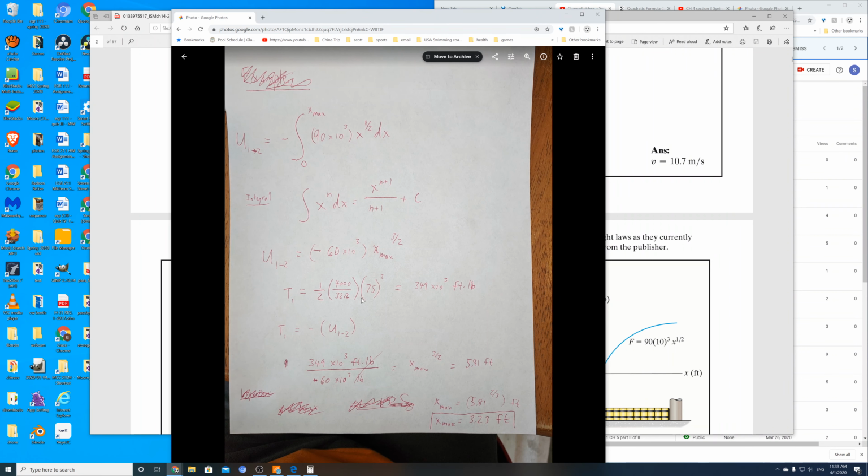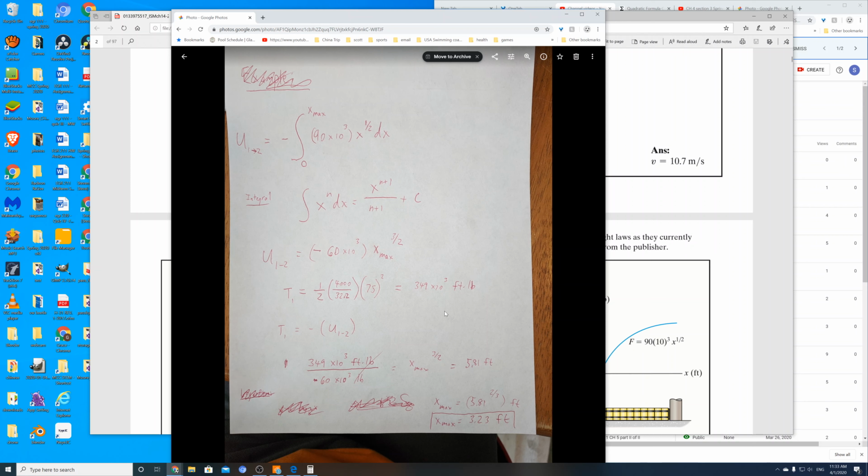So when I do that, I have this on one side, and this is also equal to T1. So 60 times 10 to the 3 times x max raised to the 3/2 power is equal to this.